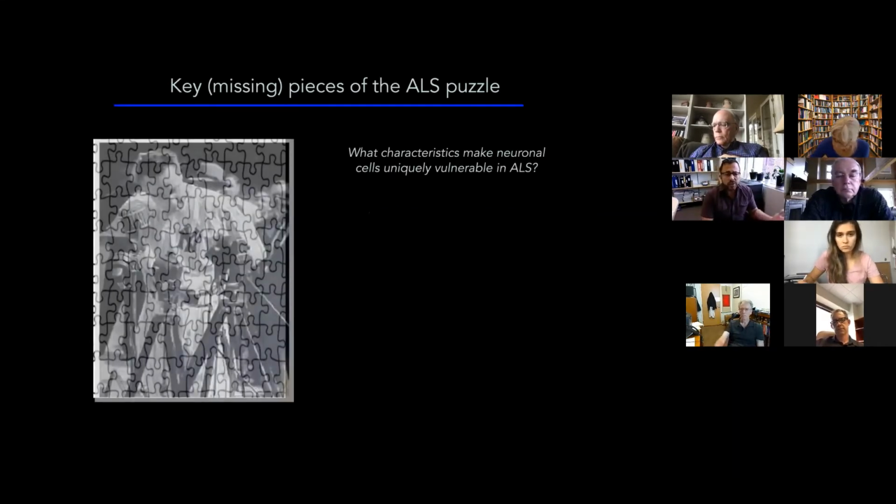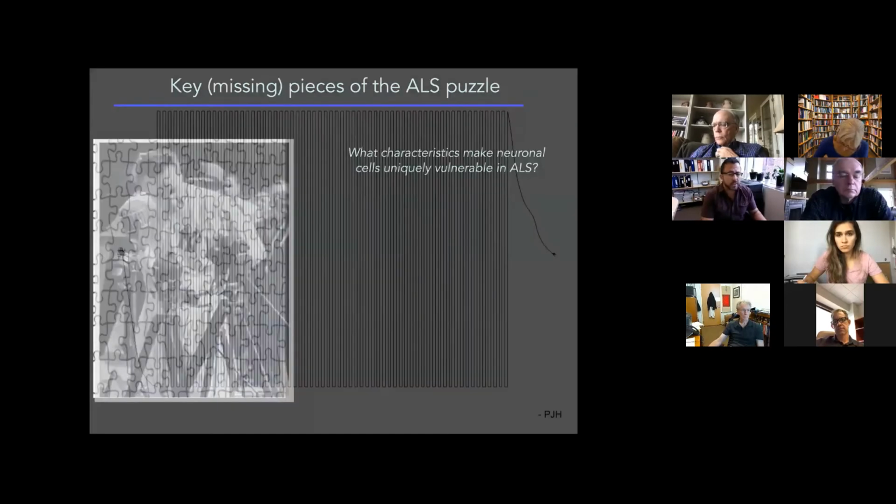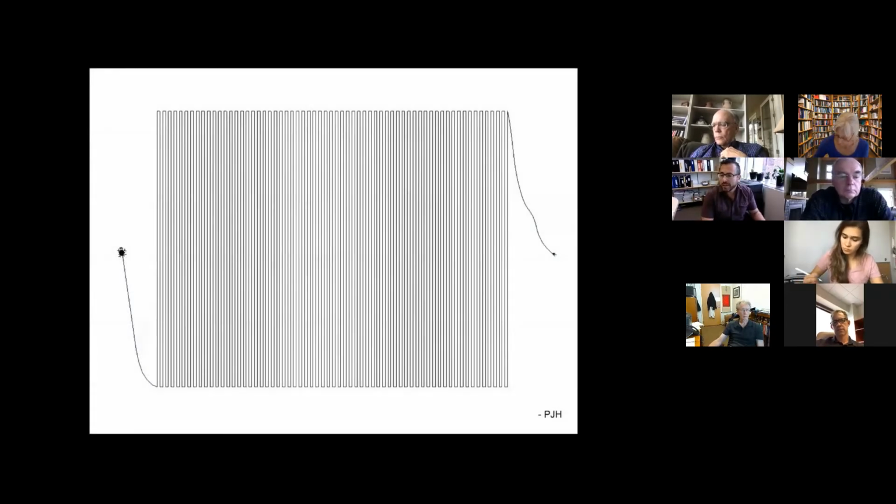And the question then is, what makes motor neurons particularly vulnerable in this disease? This is a slide that I really love and use especially for graduate students. I didn't make it, but a colleague of mine, Peter Hollenbeck, drew a motor neuron at around the cervical level, not even the longest one we have, and drew the cell body, which is about 10 to 20 microns in diameter.